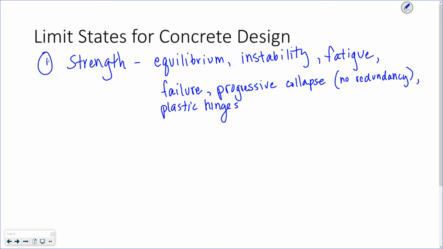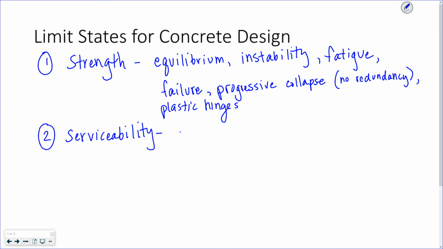We had strength, we had serviceability. Serviceability, we're talking about not that it'll fall down, but that the building works in the way you intend it to.